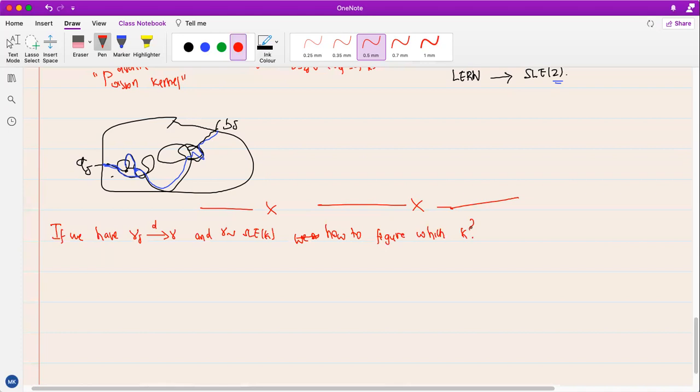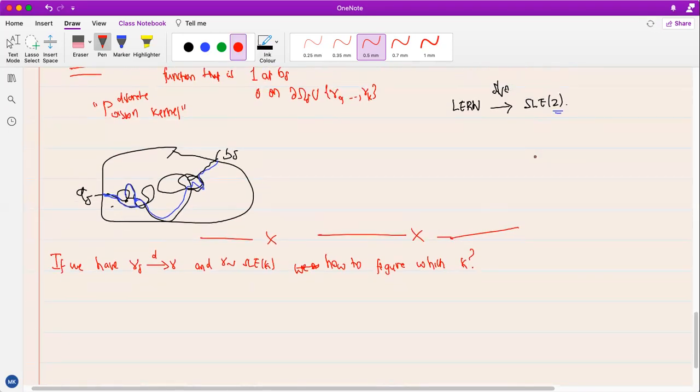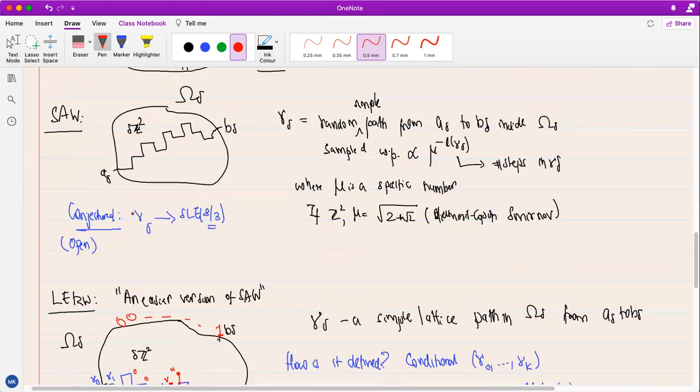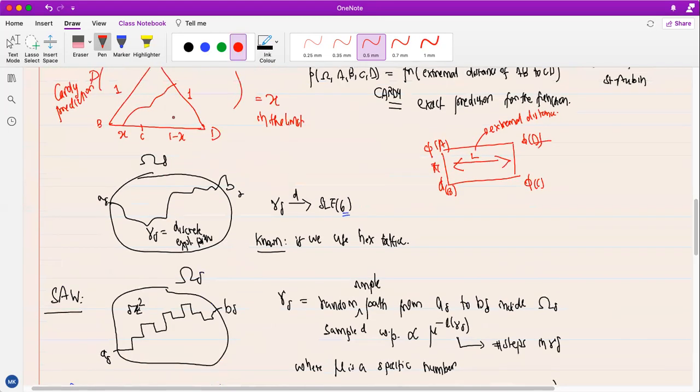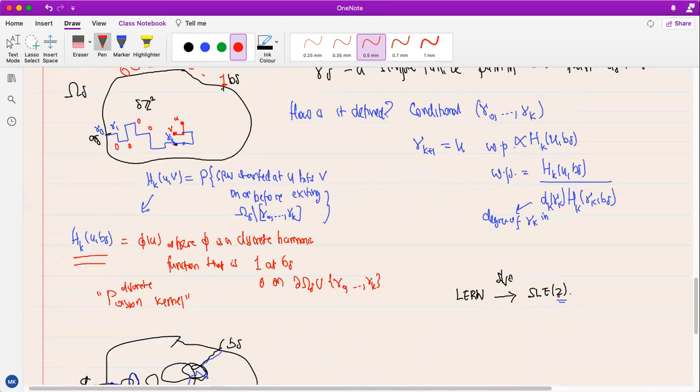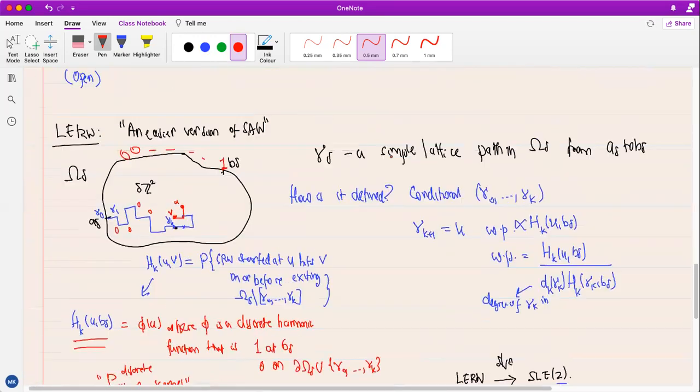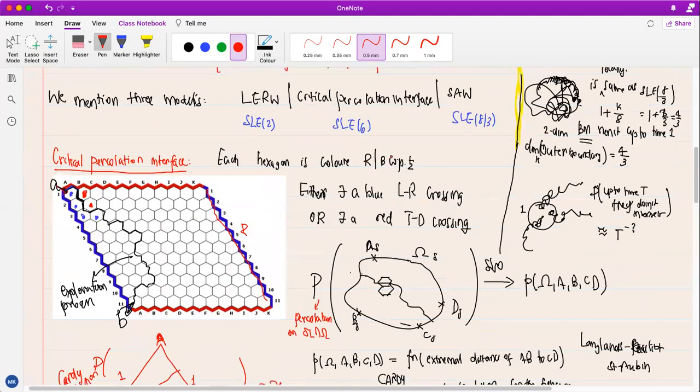So maybe for the purpose of saving a bit of time, let me very quickly tell what is the special property in these 2 other models and then come to SLE2, where I am hoping to explain. I have prepared, but whether I'll get time, I'll see.